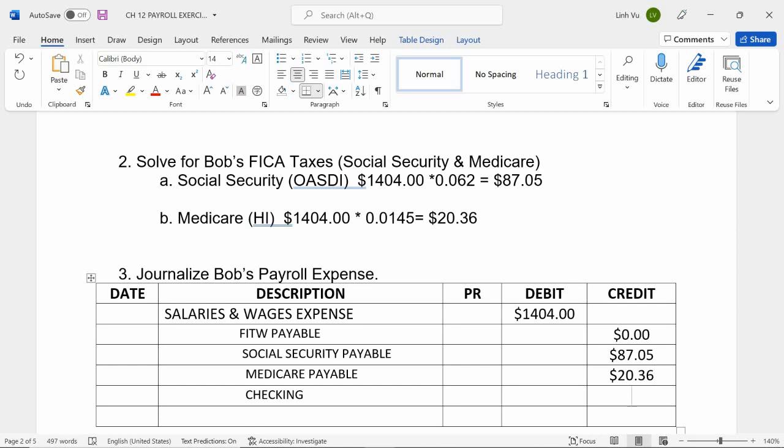So that means how much is he going to get paid? 1,404. That's his gross pay, that's before taxes.